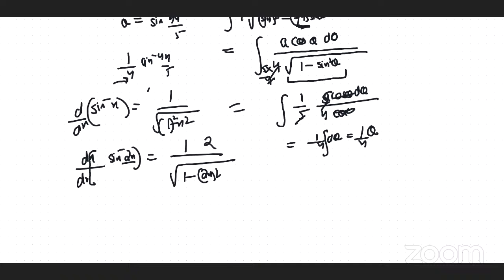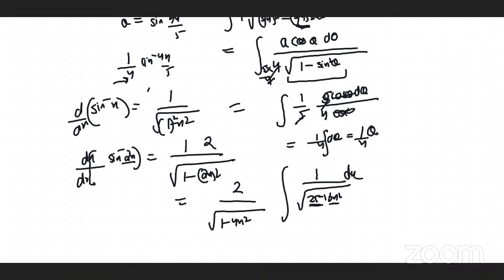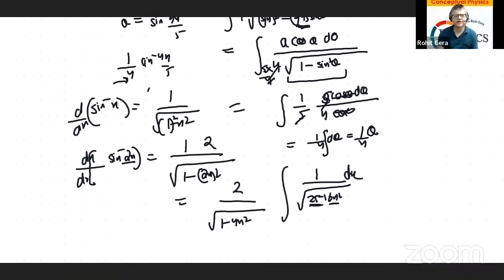So this will be 2 upon under root of 1 minus 4x square. तो वही हो रहा है, ये फॉर्म जो आती है ये वाली जो अभी हम सॉल्व कर रहे हैं, 25 minus 16x square. Somehow the integral has to be sine inverse x, sorry. तो वो आ रहा है.